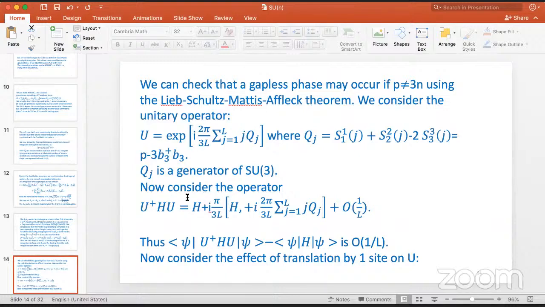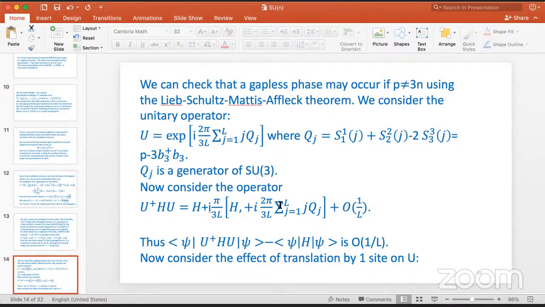Now, if we consider the operator U dagger H U, this can be written as H plus i pi over 3 commutator of H with this term plus order 1 over L. Now, if we calculate psi U dagger H U psi minus psi H psi, this is order 1 over L because of translation symmetry by one site on U.